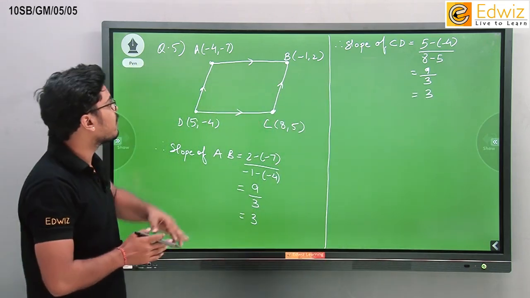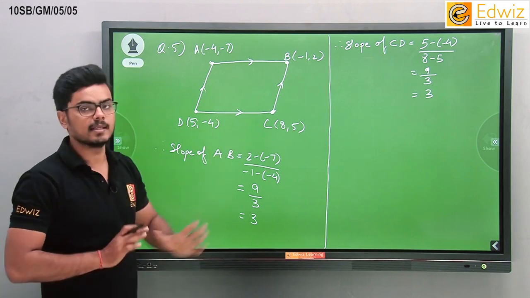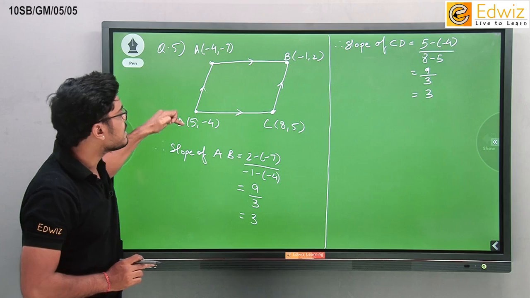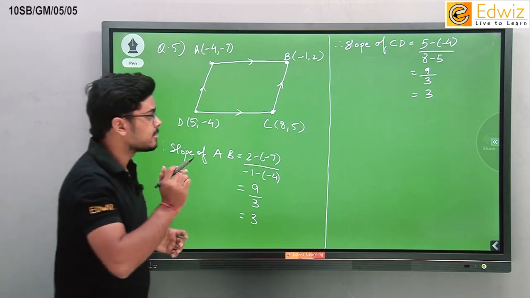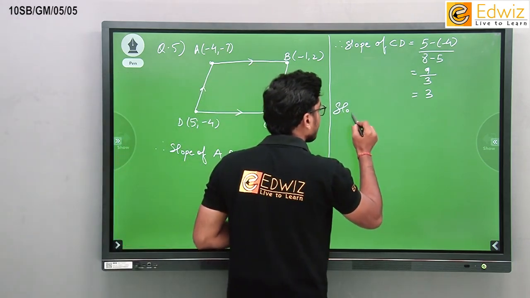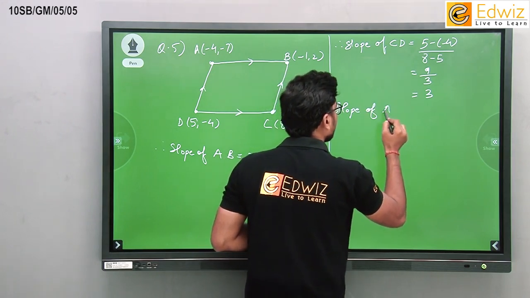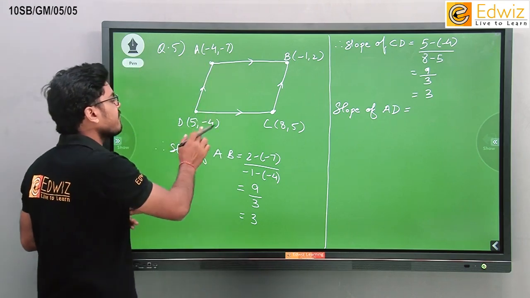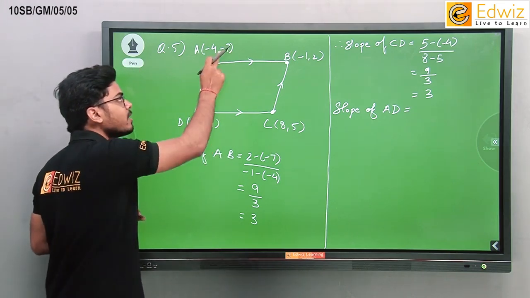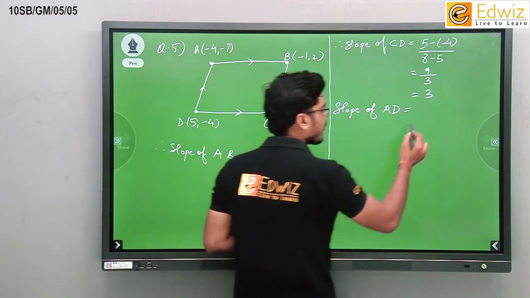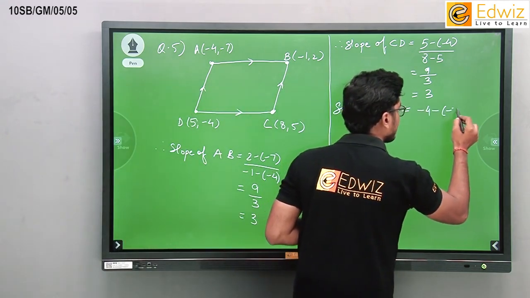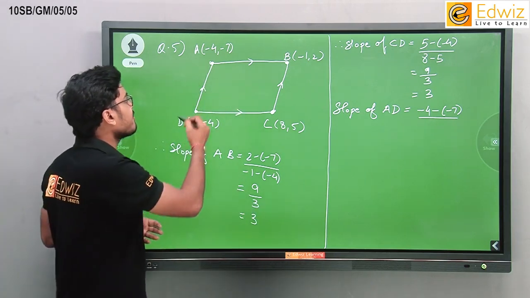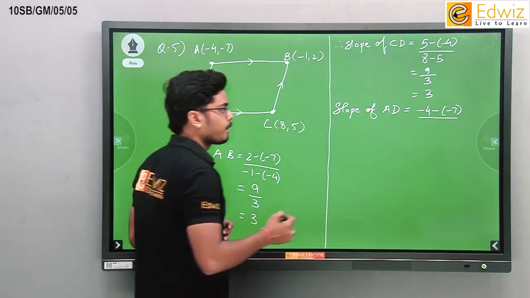This means we have proved that AB is parallel to CD, because both have the same slope. Now let's check for AD and BC. Slope of AD will be equal to, now for A and D, y2 minus y1 will be minus 4 minus minus 7, divided by x2 minus x1, which will be 5 minus minus 4.